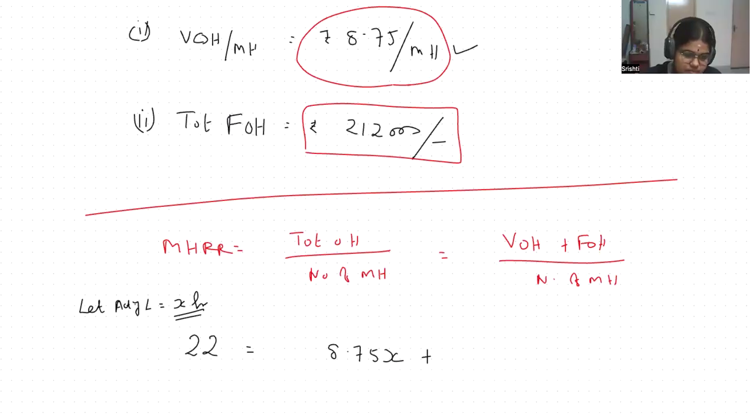Fixed cost, irrespective of the activity, remains the same, 2,12,000, divided by number of hours, x.